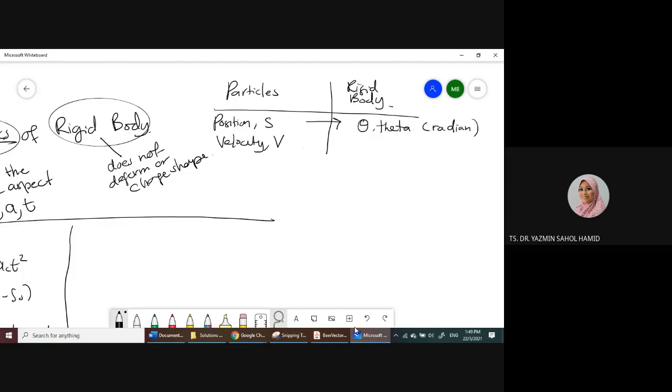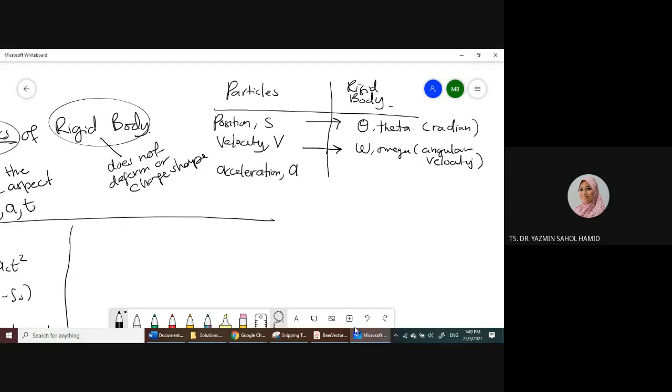Now, before this in particle, for velocity, you use the symbol V. Now, when you want to change to rigid body, you have to use this symbol. This is what you call omega, and this is what you call angular velocity. Then previously in particle, for acceleration, you use the symbol A, right?